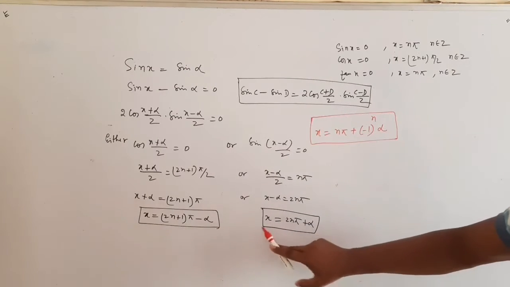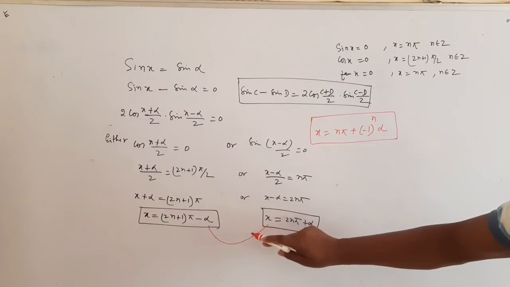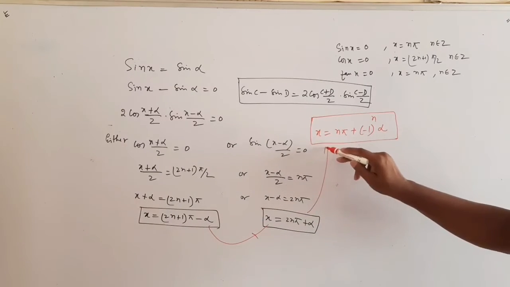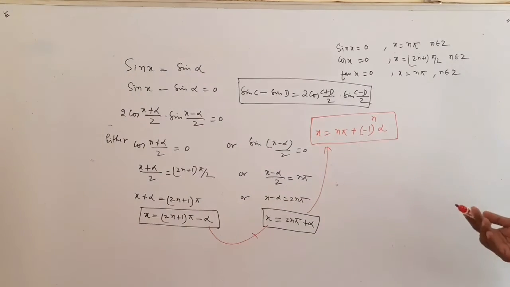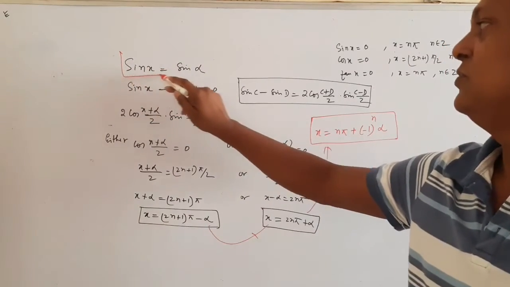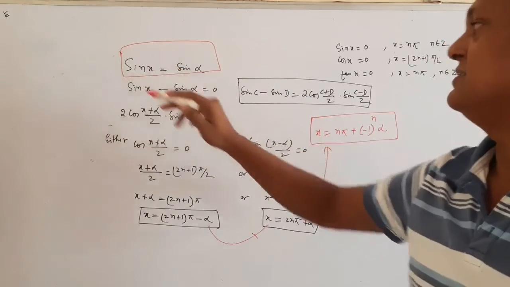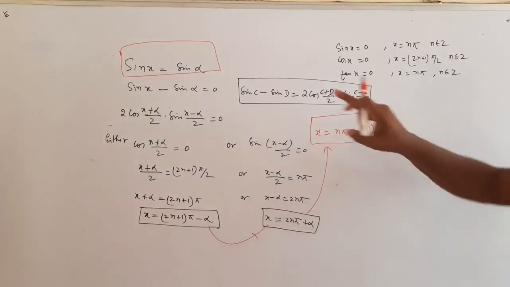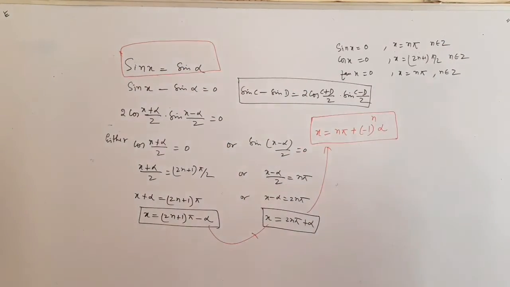So these two conditions together take this form, and this is how this equation sine x equal to sine alpha is solved. So this is the solution for the trigonometric equation sine x is sine alpha.